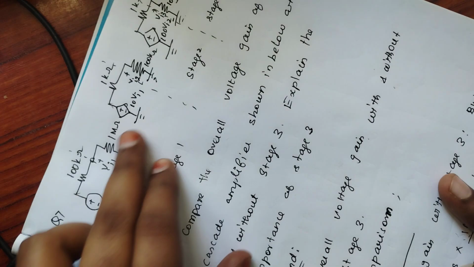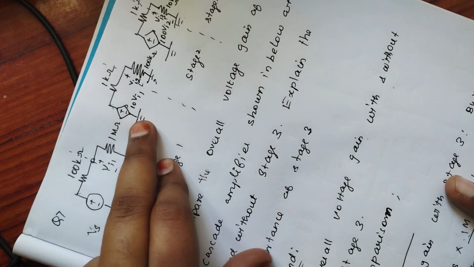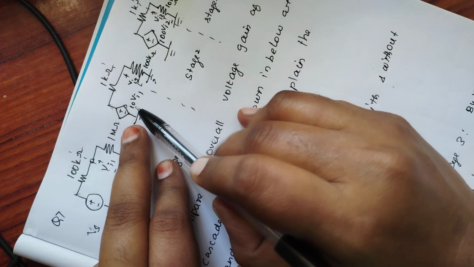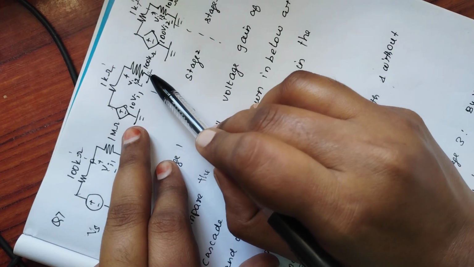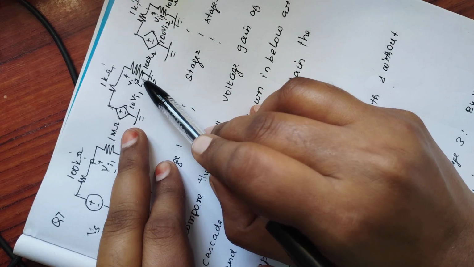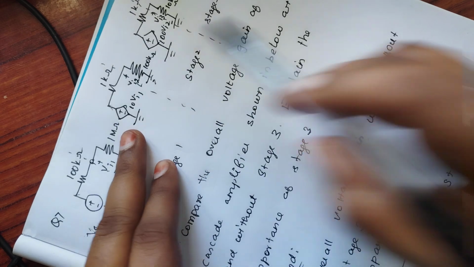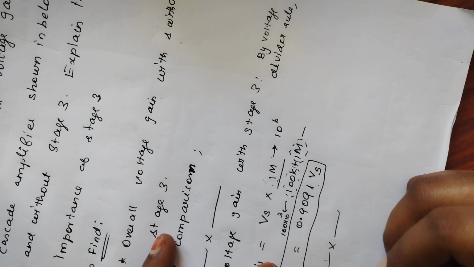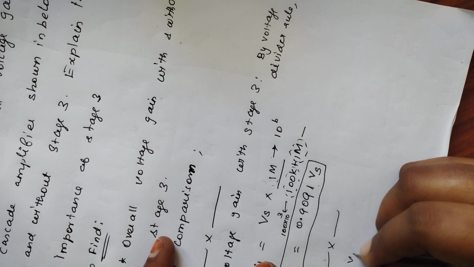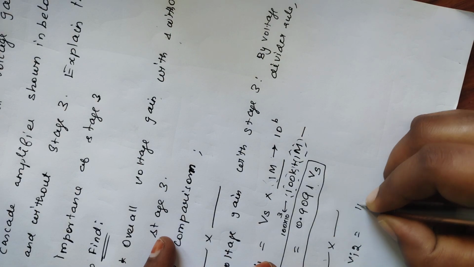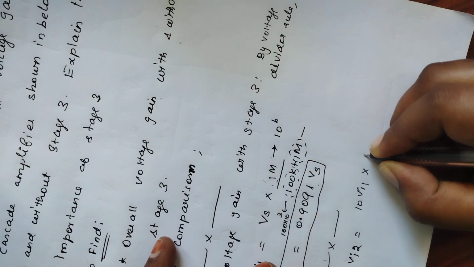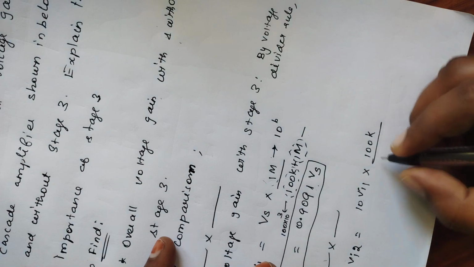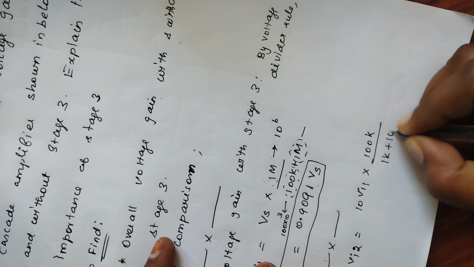Then we go to the second circuit, where the input is 10 Vi1 and the output is Vi2. By applying the same voltage divider rule for the second circuit, we get Vi2 equal to 10 Vi1 times 100 kilo ohm divided by 1 kilo plus 100 kilo.